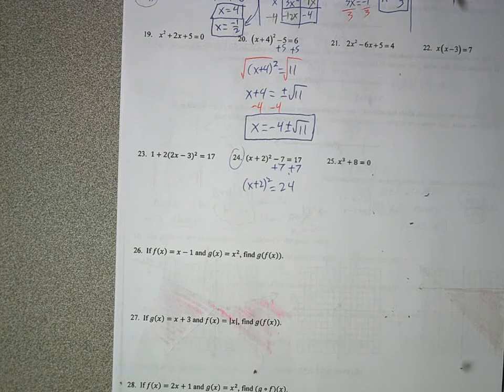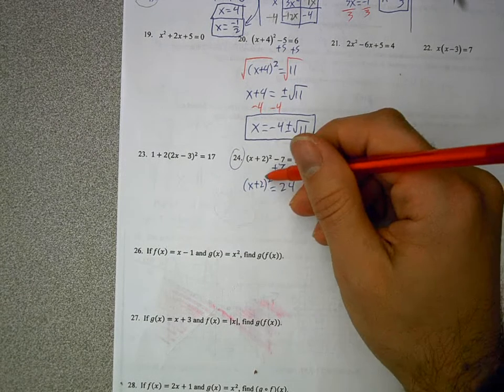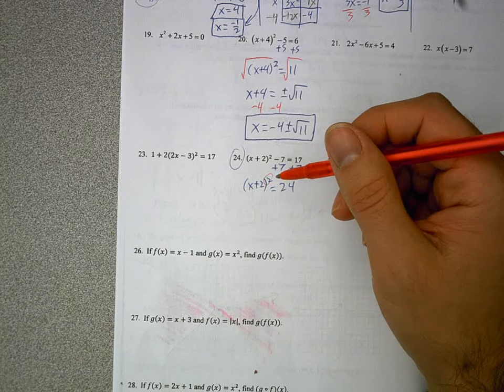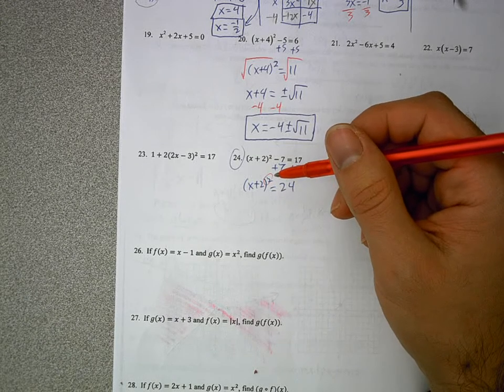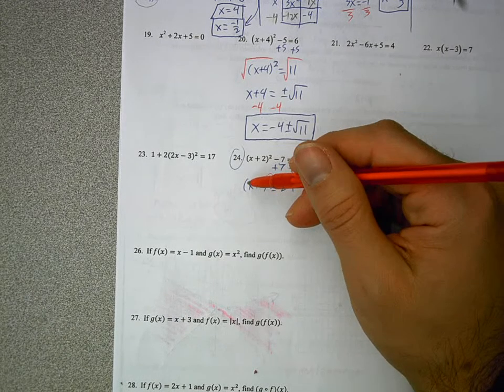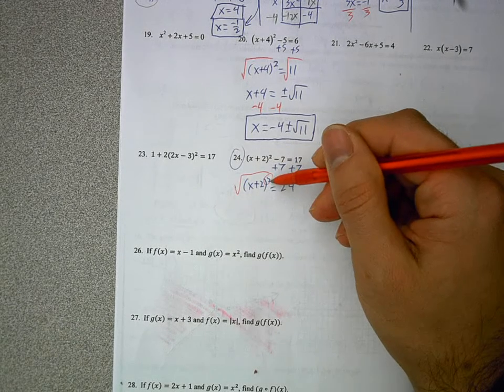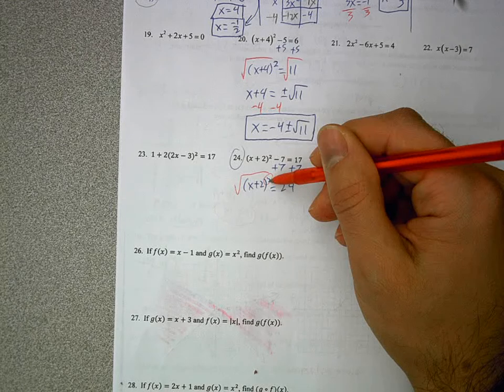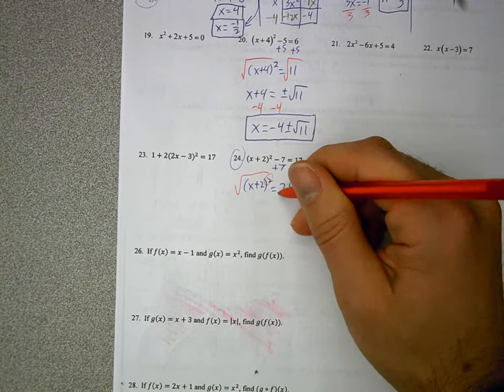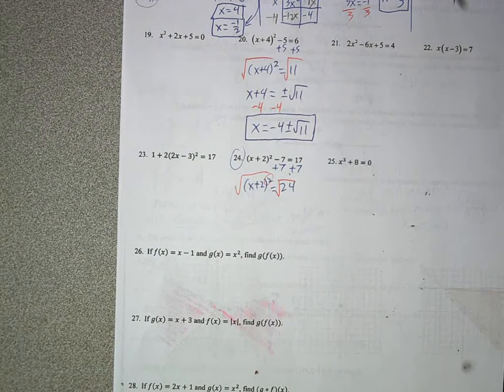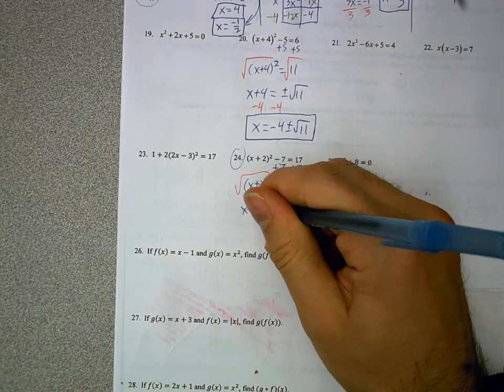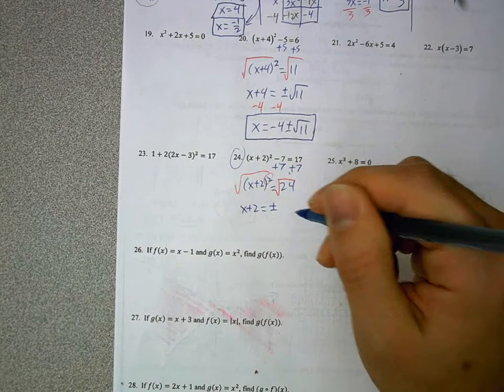The squared. So tell me again, what are you doing with the squared? So we don't actually want to multiply this out. We do want to take the square root to get rid of that squared. And that may have been what you were saying, I just want to make sure. Okay, so square root of both sides. X plus 2, don't forget the plus or minus, square root of 24.